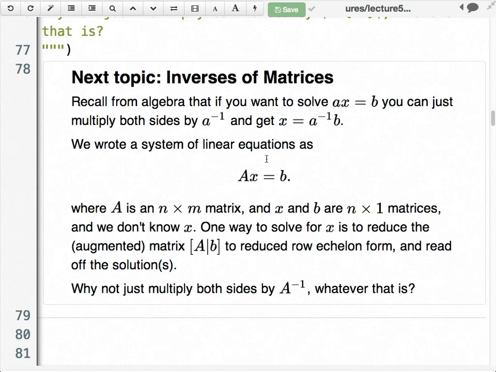You could just compute the reduced row echelon form of the augmented matrix 1, 2, 3, 4, and then 1, 0, and the augmented matrix 1, 2, 3, 4, and then 0, 1. And in each case, you would be able to see whether or not there's a solution, and moreover, you'd be able to read off the solution if there is one, or all of them. Okay? Does that make sense? So let's just do it. So we'll make our little augmented matrix.